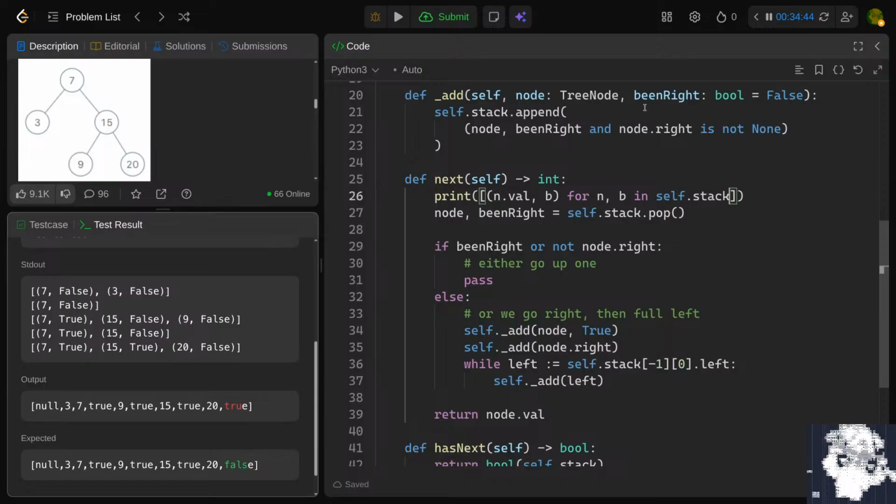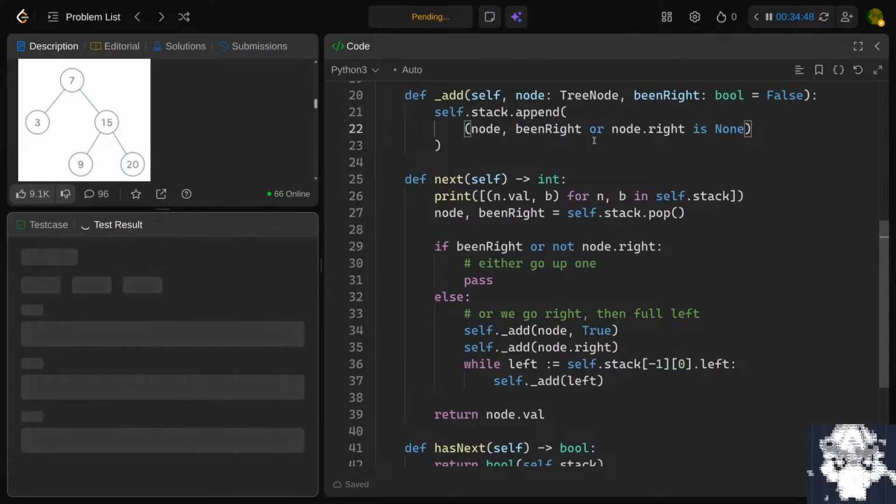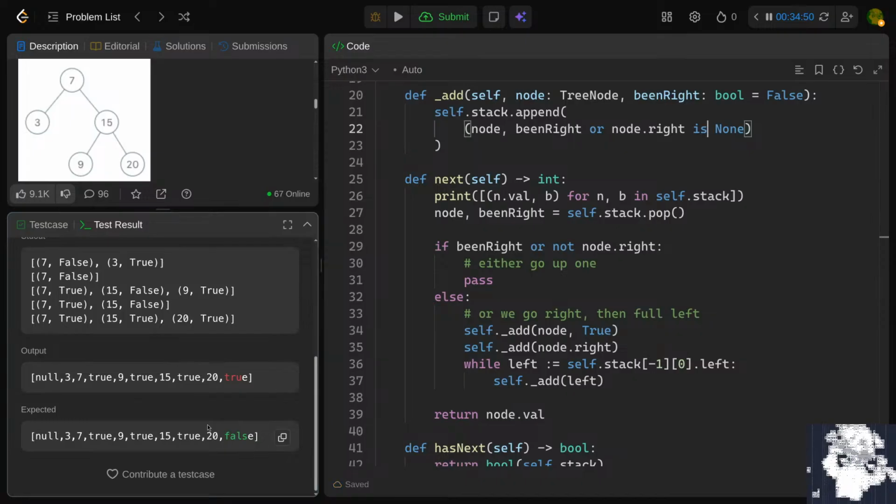No, actually, I want to say "or it is none", because I want that to be true at the end. Okay, so at the end, we know that we've been right everywhere. If you've been right everywhere, then there is no has next.